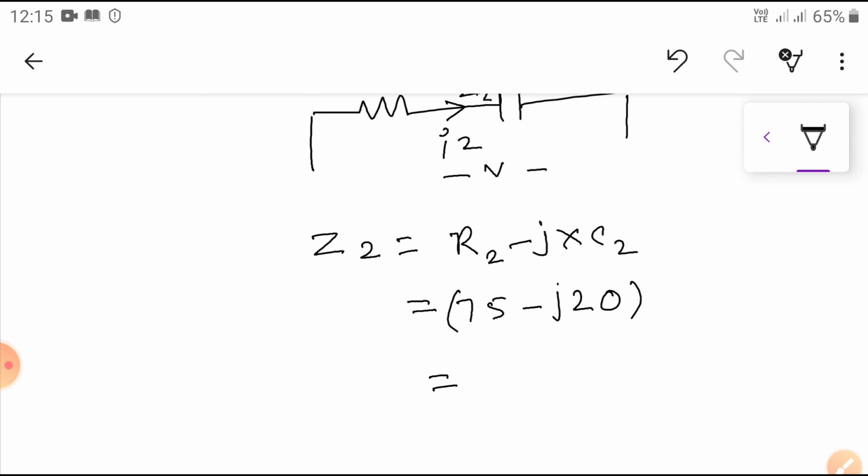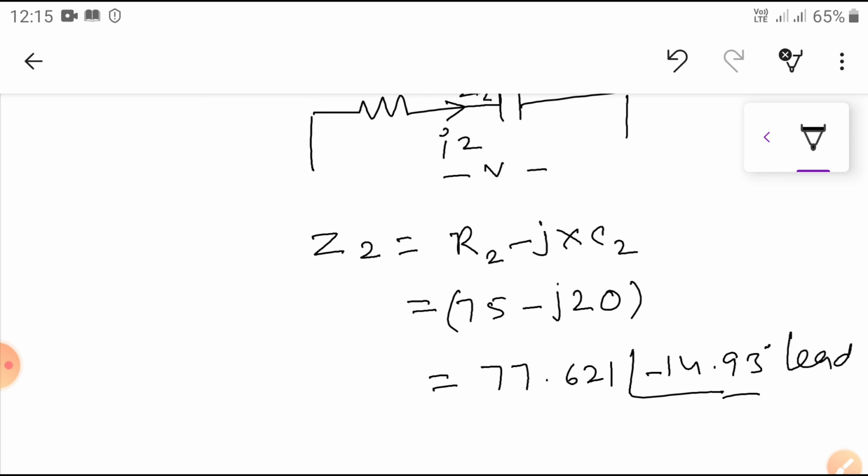The magnitude is equal to 77.621 at an angle of minus 14.93 degrees. That means here the current is led by voltage, by 14.93 degrees. So based on this, this is leading.